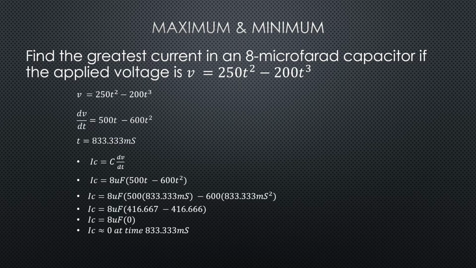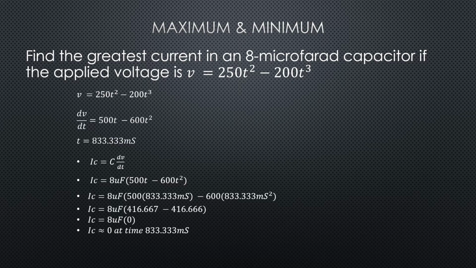So one thing to think about: if we take that time and put it back into the formula for IC, so IC is equal to C dV/dt, we see that if we put 833 milliseconds into that formula, we get IC approximately equal to 0 at that time.